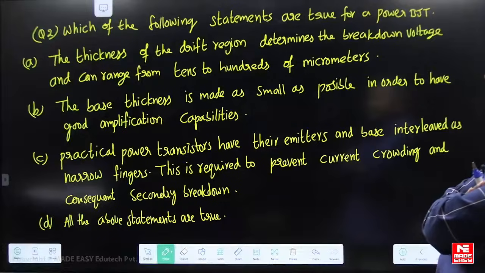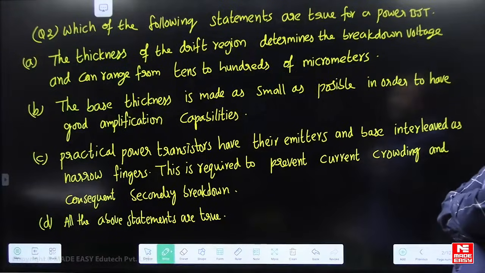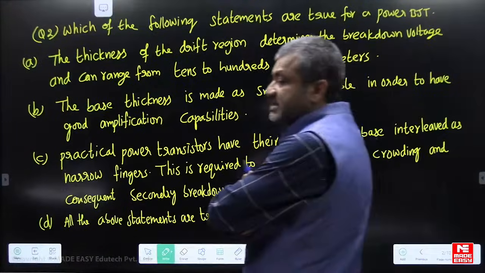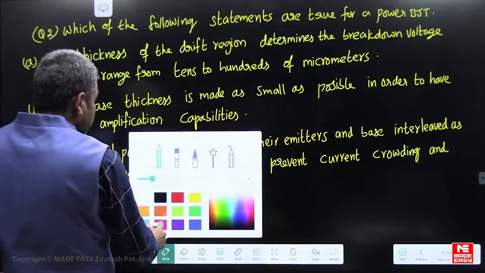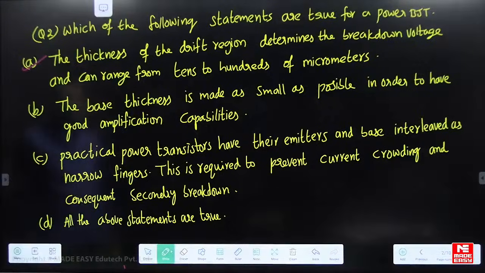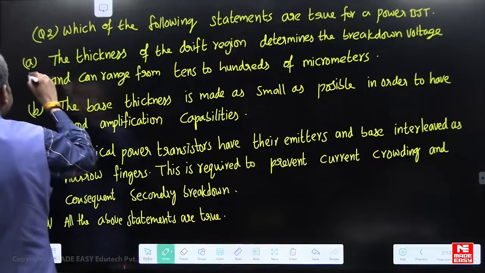Statement A: The thickness of the drift region determines the breakdown voltage and can range from tens to hundreds of micrometers. Yes, this is a true statement.